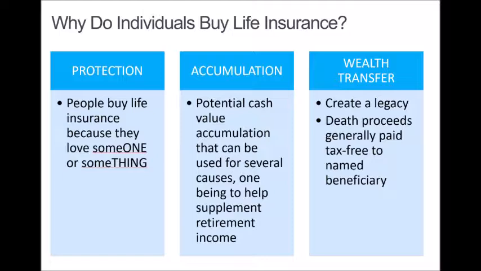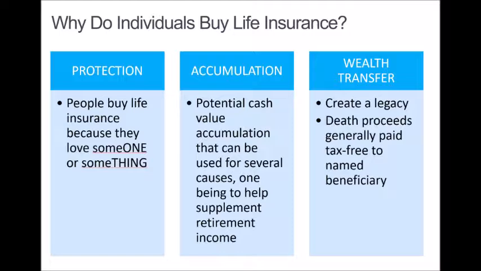It can be accessed by the owner to help supplement income, potentially on a tax-favored basis. Finally, life insurance is the only financial product that can produce a known quantity of money, generally on an income tax-free basis, at the moment of death, exactly when it's needed most.